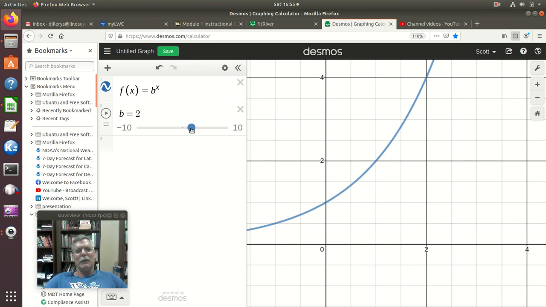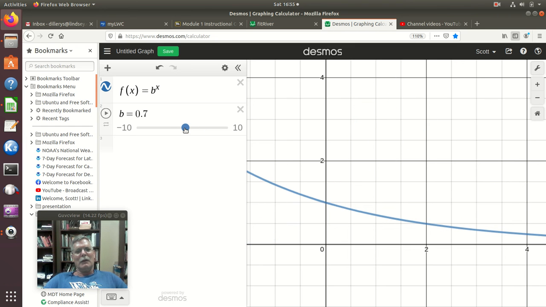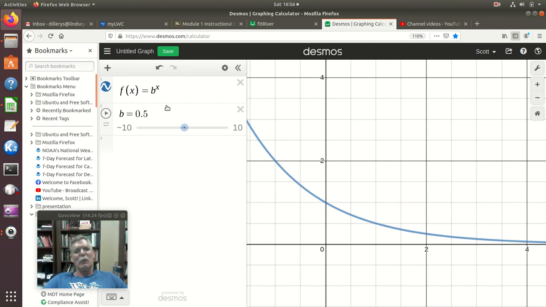Now, that was b bigger than 1, and pretty much if I do that, see, it just keeps looking the same. Now, if I get in here between 0 and 1, let me take it to 0.5. That's like 1/2. And, well, 1/2 is just 1 over 2. And so that's like 2 to the negative something.